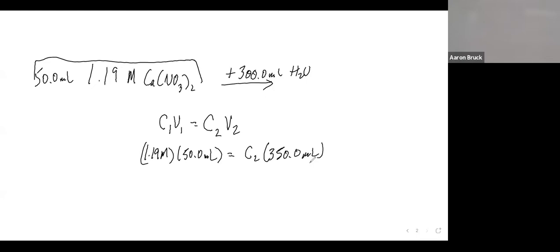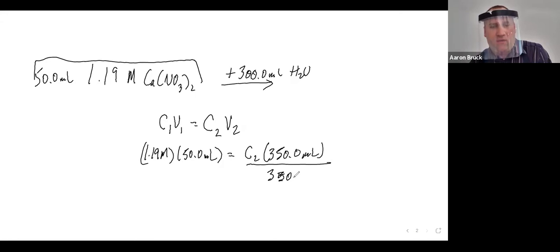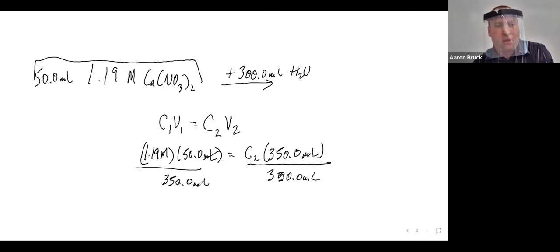If I keep my unit of volume the same on both sides, when I go to do my algebra and divide each side here by 350 milliliters, those milliliters are going to cancel out anyway.